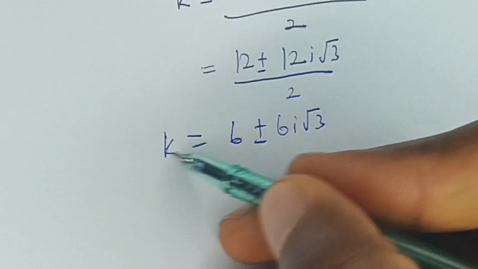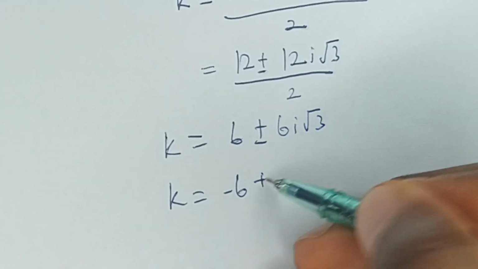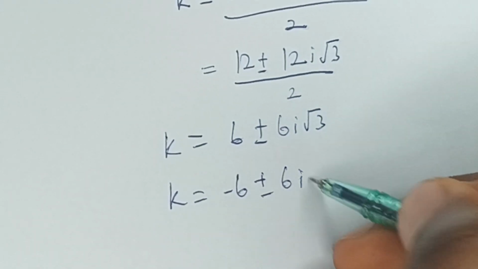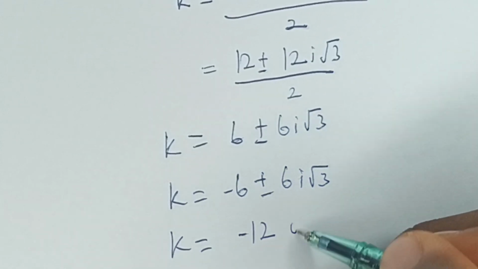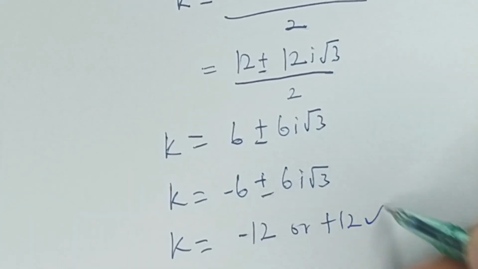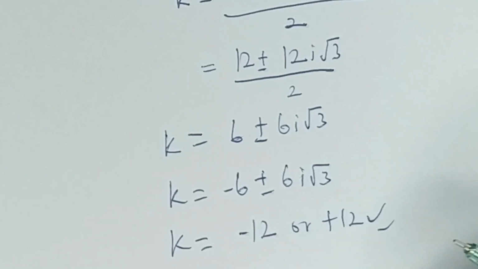So we had k equal to minus 6 plus or minus 6i root 3. We also had that k is equal to minus 12 or plus 12. So these are the 6 values for x for this equation.